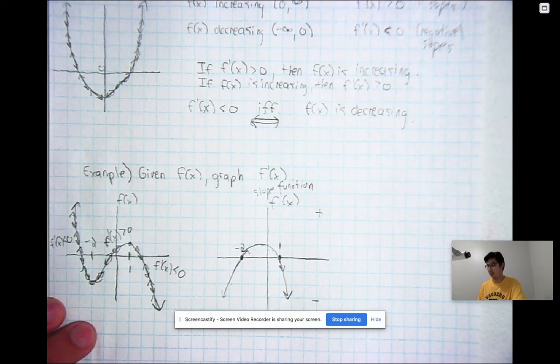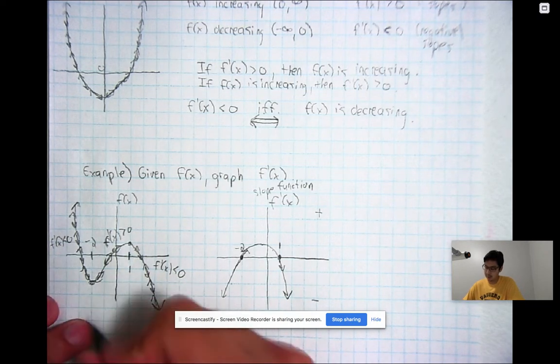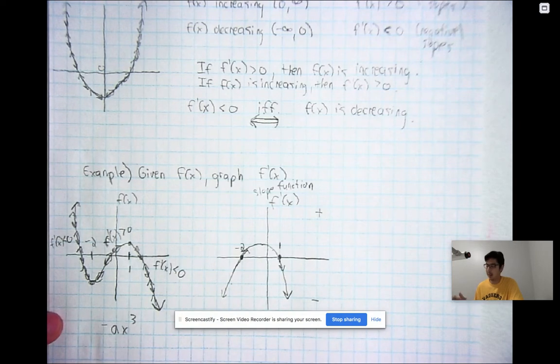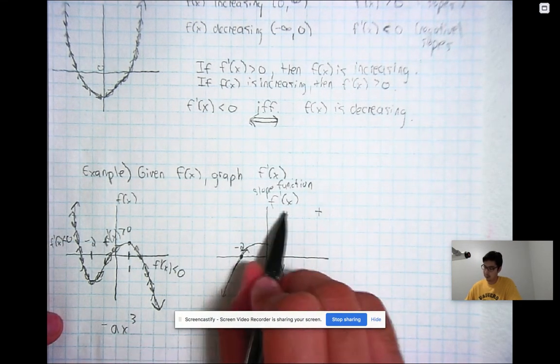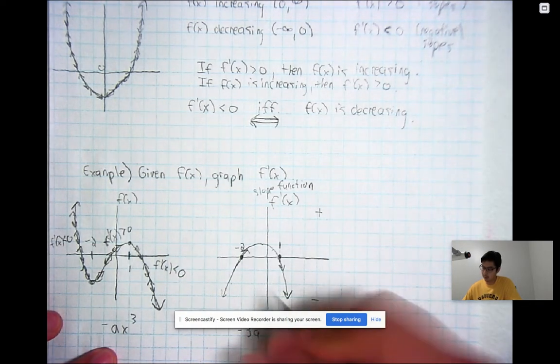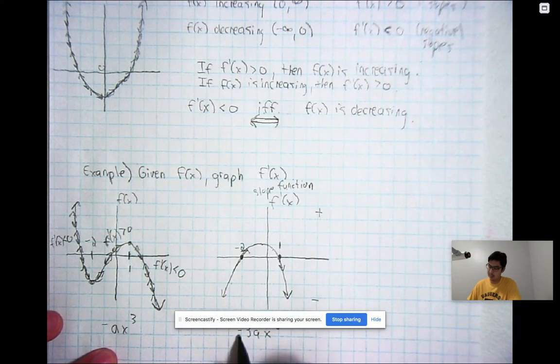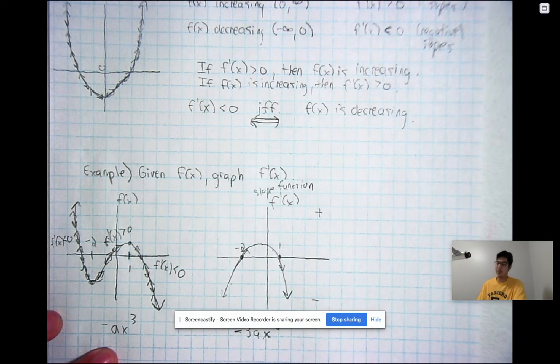From an algebraic point of view, we're pretty close, because this right here is some negative a x cubed for some value a. And notice that if we took the derivative of f of x using the power rule, it would be negative 3a, whatever a is, times x squared. It's a negative parabola, and that makes sense from an algebraic perspective.